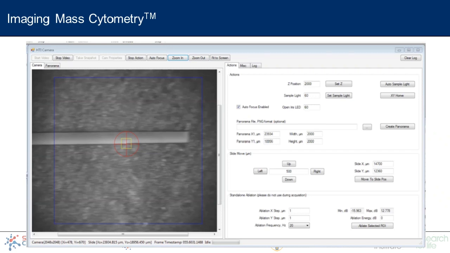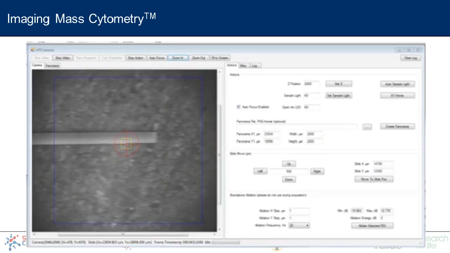It moves to the right, gets to the edge of the area we've asked it to image. It moves to the left, goes down a level, and then ablates a new line of cells. What this allows us to do over time is obviously ablate areas of tissue that we're interested in, but this is all automated, so we can let this run while we're off doing other work or potentially even overnight.